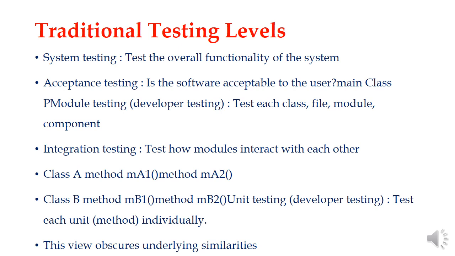It tests each class, each file, each module and component. Integration testing tests how modules interact with each other. For example, class A method MA1, method A2, class B method B1, B2. Unit testing, developer testing, tests each unit individually.